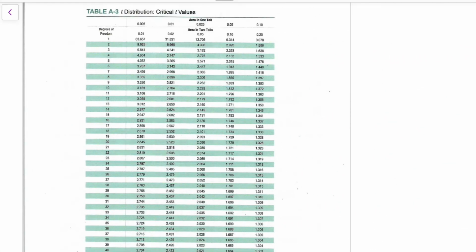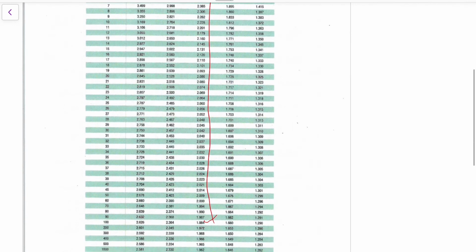We have our student t distribution for the critical t-values. Again, I want an area in one of those two tails to be 0.025. So I'm looking down this middle column. And what I want to notice is as I scroll down, my degrees of freedom are getting further and further away. And if I look, I do not have 105 exactly.